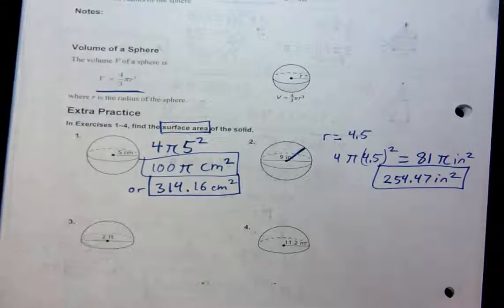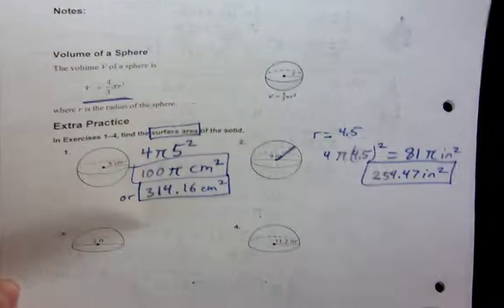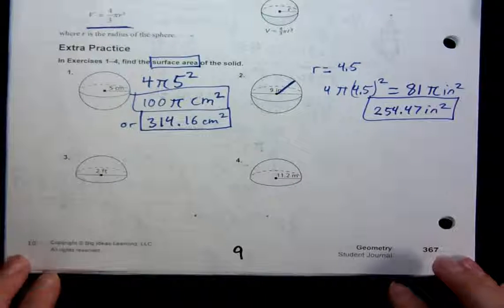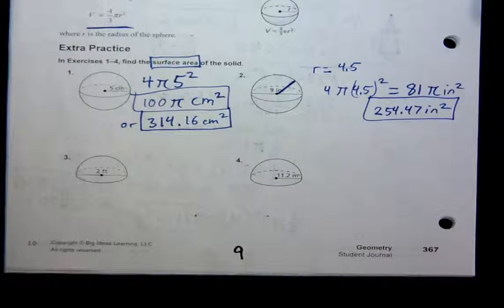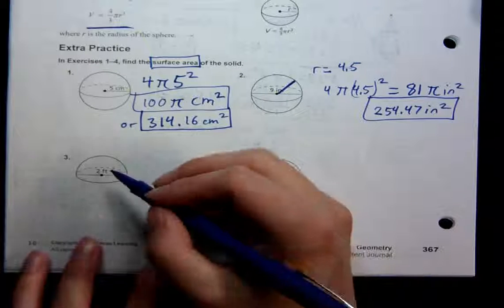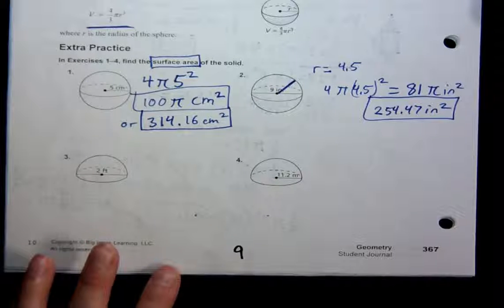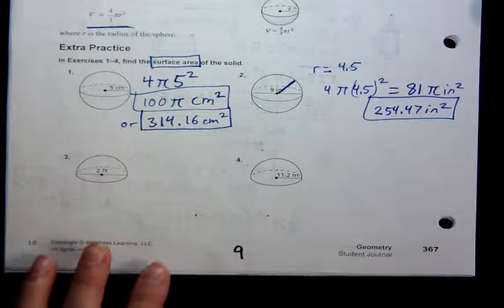All right, our next two shapes are what type of shapes? So they're half spheres. What do you think we will do to find the surface area of this?